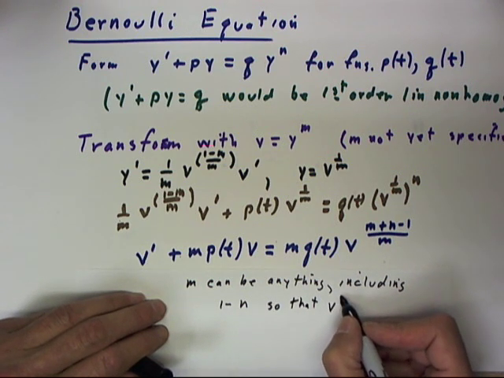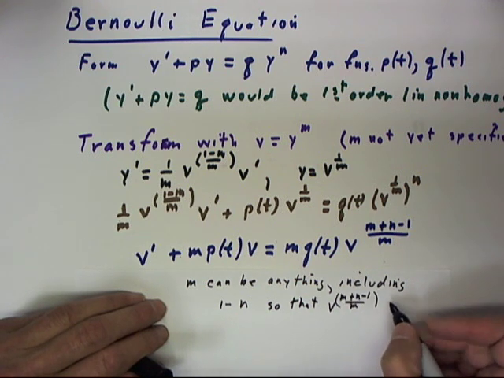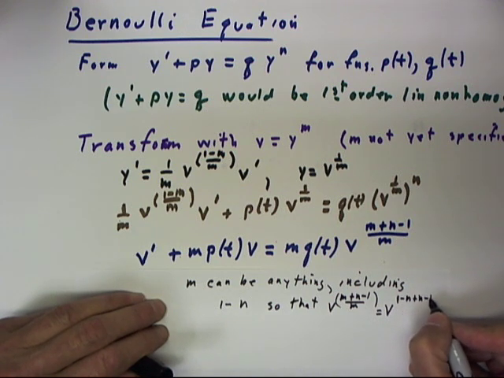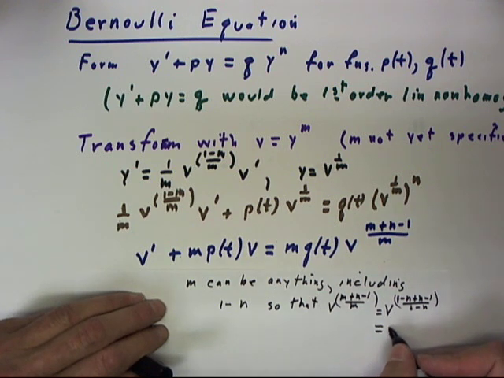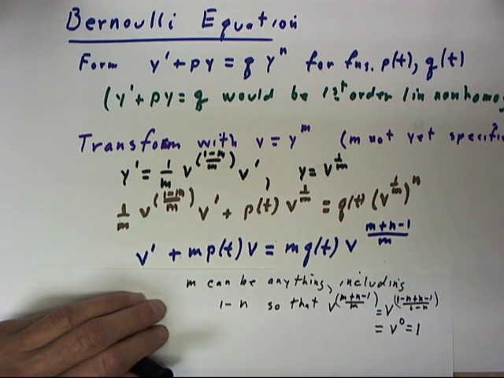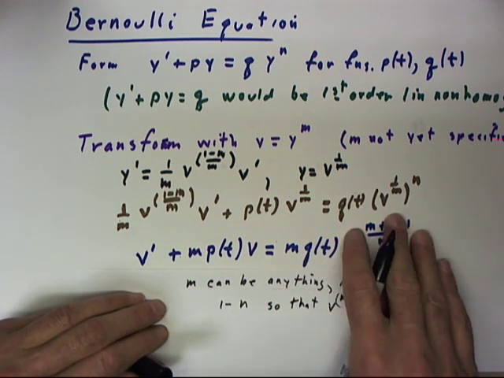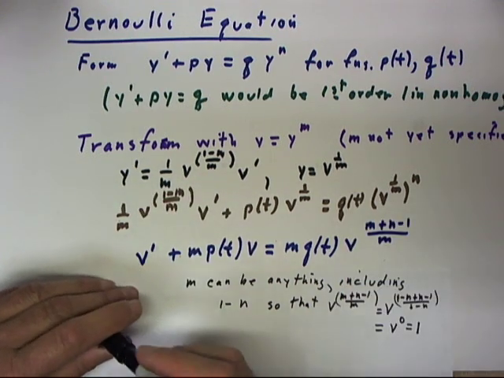So that v to the m plus n minus 1 over m equals v to the m, with m being 1 minus n, plus n minus 1 over m, well, over 1 minus n if we like, but that doesn't matter, which is v to the 0, which is 1. So if we simply let m equal 1 minus n, we wipe out this term, and we have a first-order linear equation.